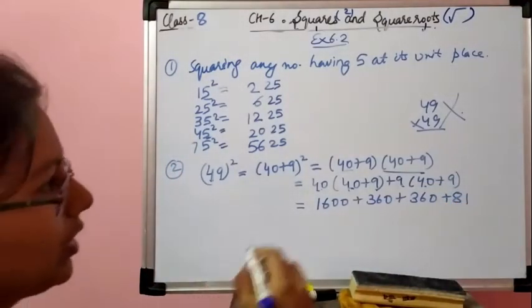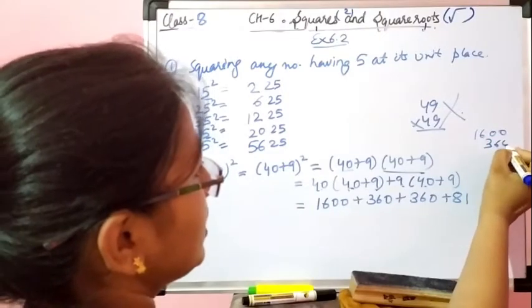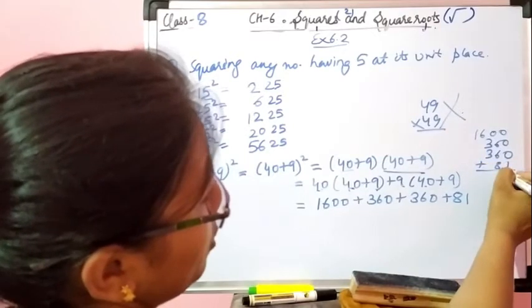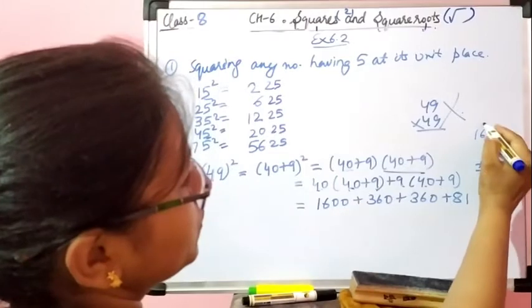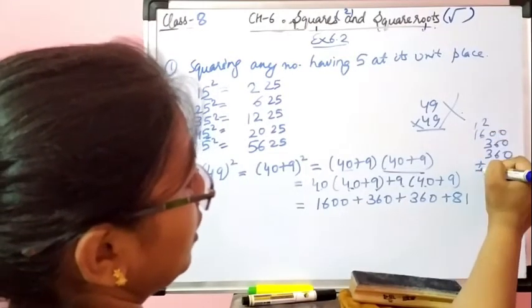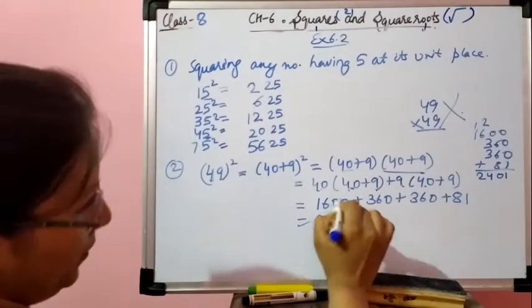So how can we find the square? We can add all these 4: 1600, 360, 360 and 81. The answer is coming 2401.